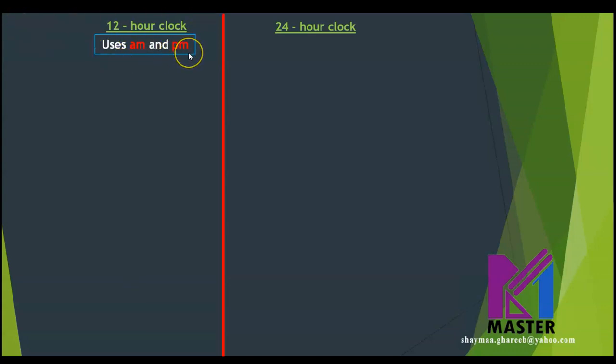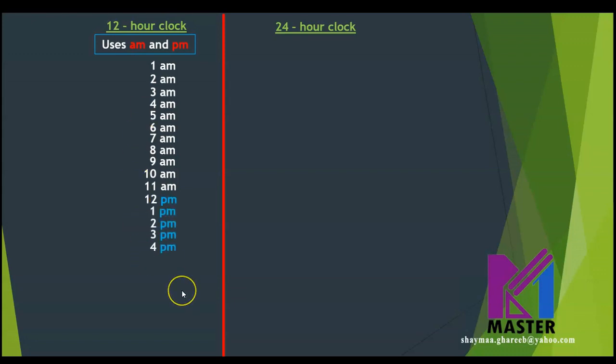And the PM shows the second half of the day, or the second 12 hours of the day. So we are going to split the hours here into two 12s, from 1 to 12, and then from 1 to 12, another 12 hours, as you can see.